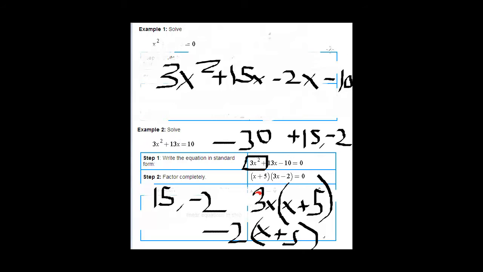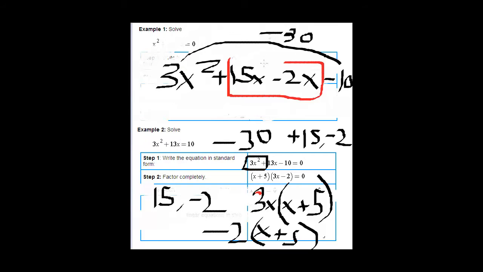There we go. That'll be easier to explain. So, do you see 15 and negative 2 equal negative 30? There we go. Now we're starting to make sense. So 15 and negative 2 equal negative 30.